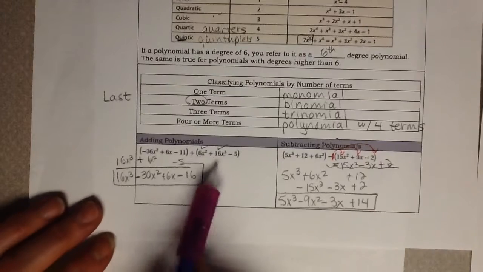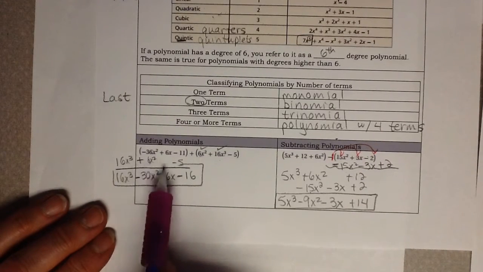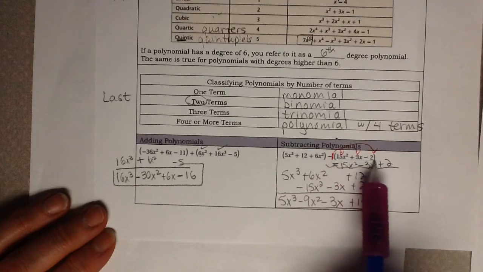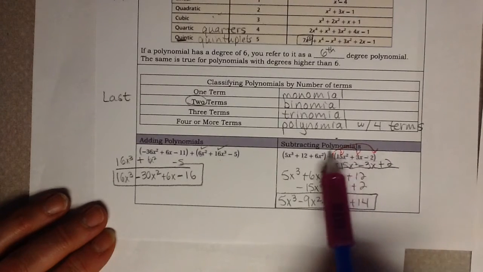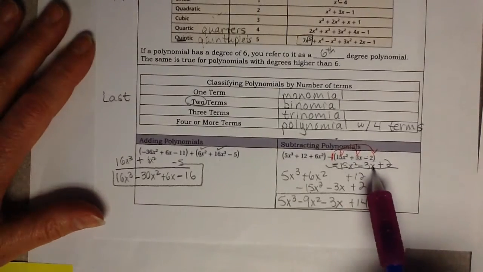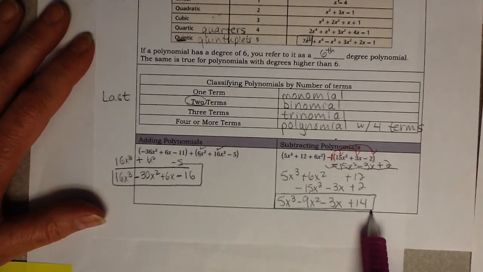So when you're adding, just line up the like terms, and you only add the coefficients here. You don't add the exponents. And then if you are subtracting, you think of distributing a negative 1 through all of the terms in the second polynomial, and then you can just line them up and add, and they need to be in standard form, so highest exponent in decreasing order.